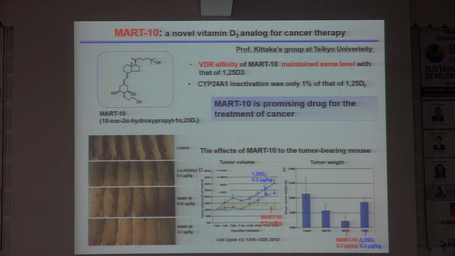So for MART10, first we examined its affinity to the VDR, and we found the MART10 maintains the same level of affinity as 1,25 D3, and we also examined the metabolism by the CYP24 of MART10, and we found that the MART10 was inactivated only 1% by the CYP24. Then we further administered this MART10 to the tumor-bearing mouse, and we found that after treatment with 0.3 microgram per kg twice a week for 3 weeks, the tumor volume and the tumor grade were greatly suppressed when treated with the MART10 compared to the 1,25 D3.